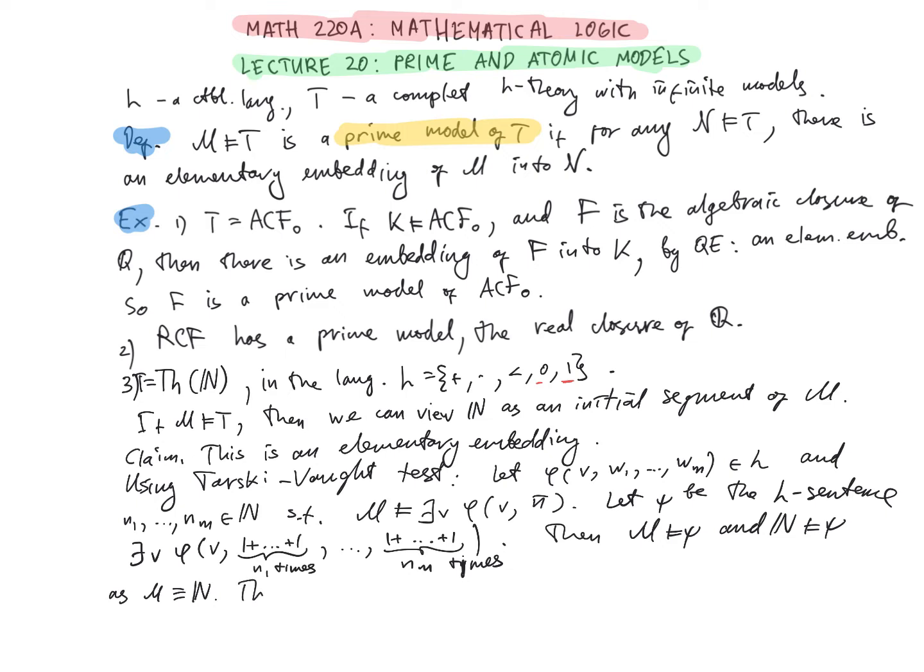But then for some s in N, we have that N satisfies phi of s, 1 plus 1 plus 1, etc., and 1 times, through 1 plus 1 plus 1, etc., and m times.